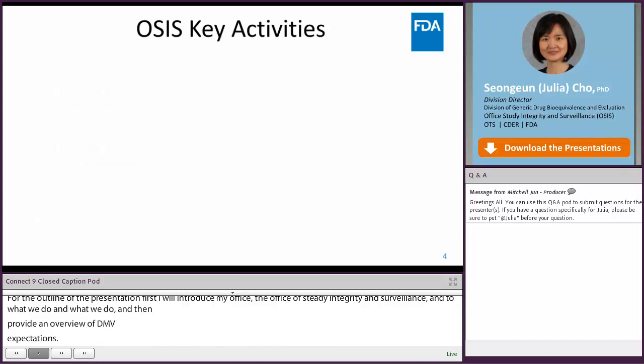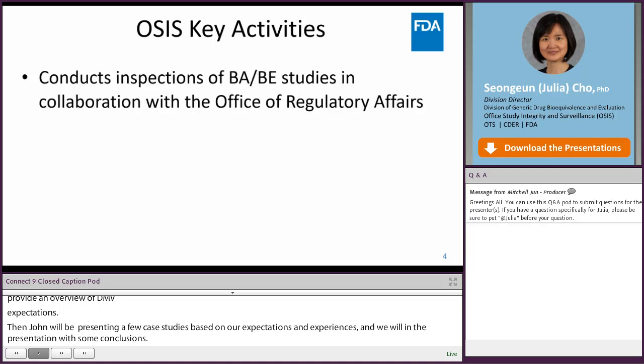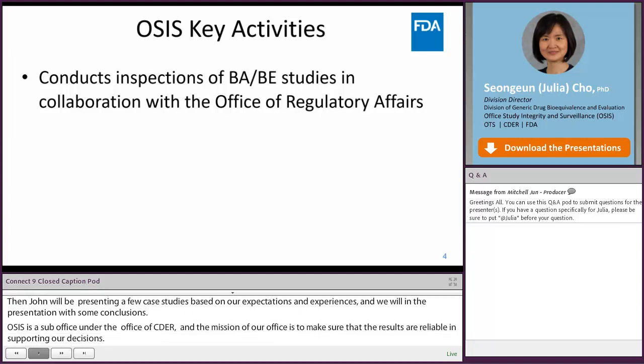OSIS is a sub-office under the Office of Translational Science in CDER, and the mission of our office is to ensure that data from BABE studies and non-clinical studies are reliable in supporting regulatory decisions. We do this by conducting inspections of BABE studies in collaboration with the Office of Regulatory Affairs.